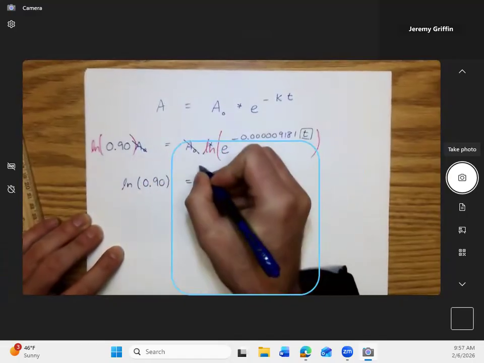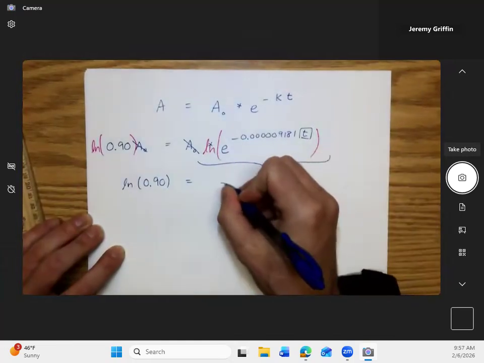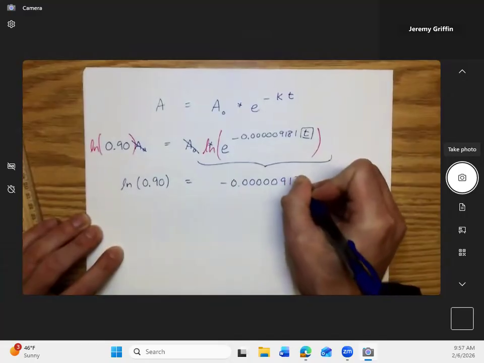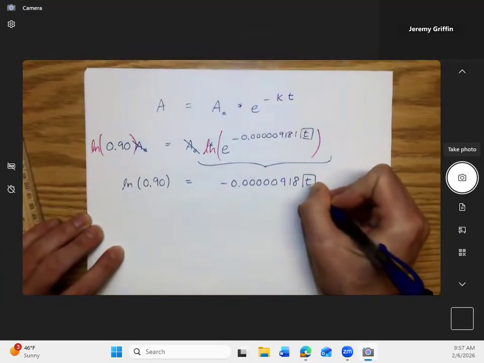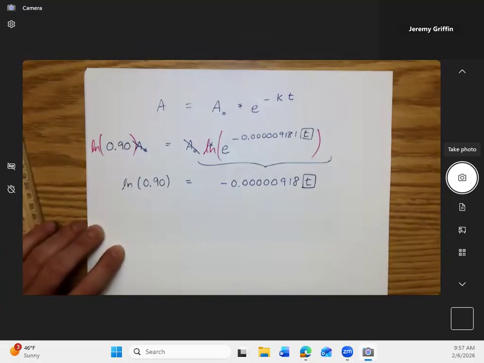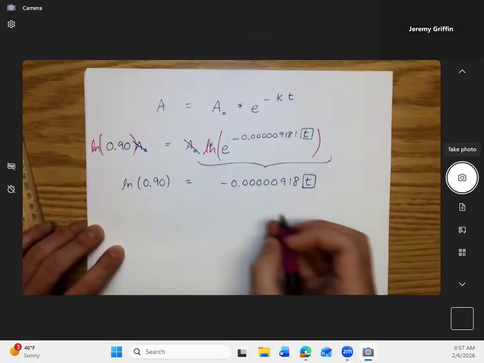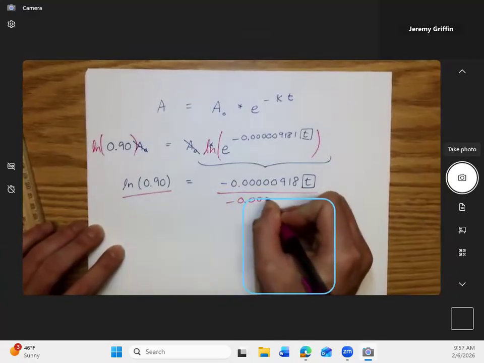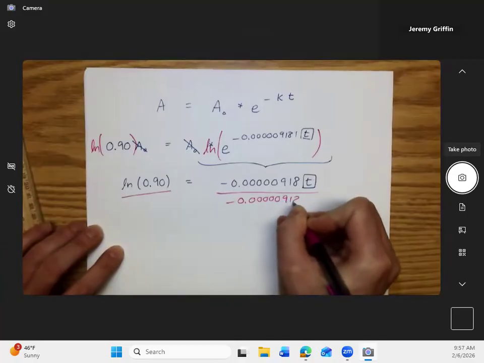The right side is just going to simplify to this right here. And last step is divide both sides by this.